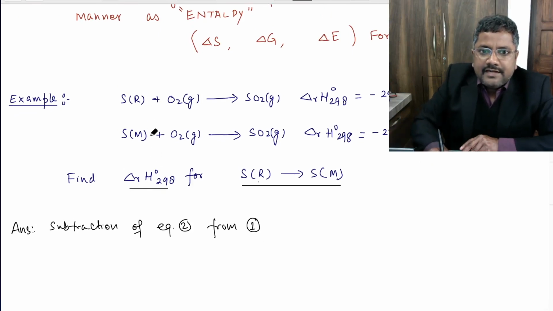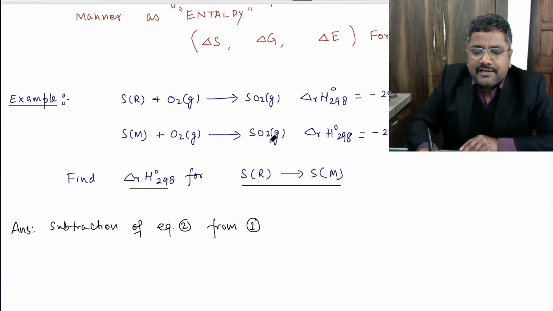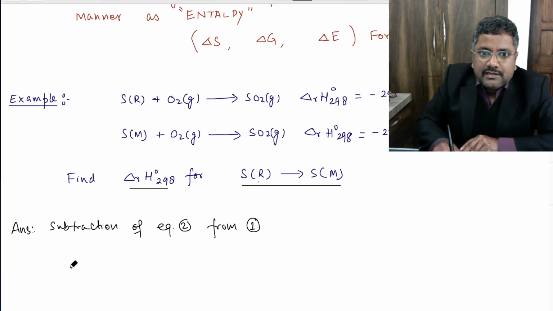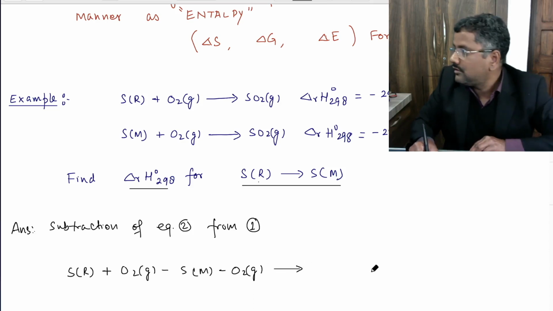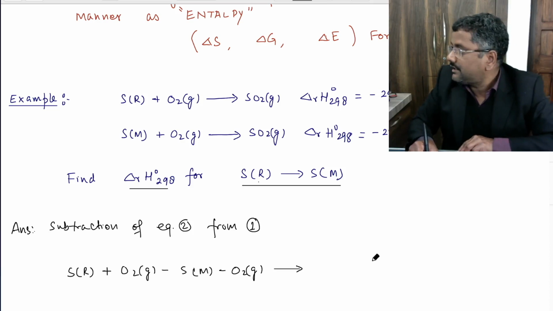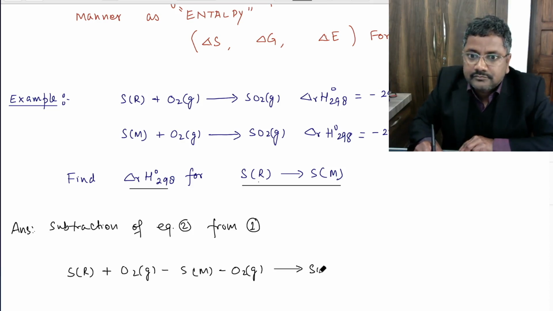Left hand side you can put a negative sign, and right hand side: sulfur rhombic plus O2 gas, this is equation 1, minus sulfur monoclinic and minus O2 gas give you sulfur dioxide gas minus sulfur dioxide gas.